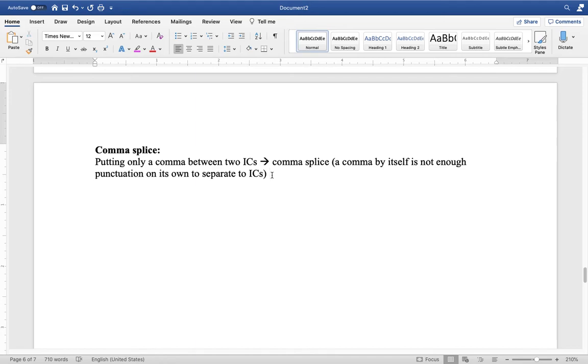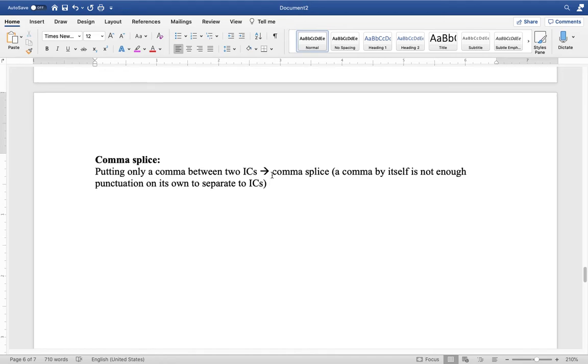So that's where you've got the two independent clauses, and you're putting a comma between them with no coordinating conjunction, and it's not sufficient. You're splicing up two things in a way that grammatically can't be spliced up, and that's why it's incorrect.